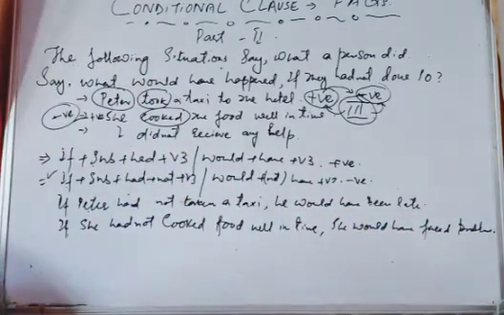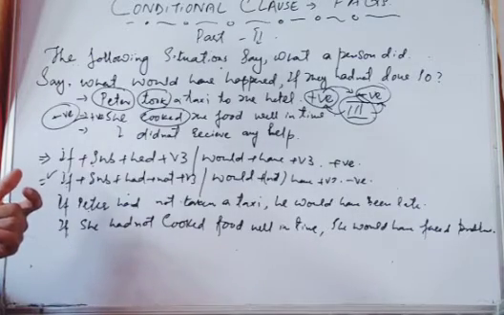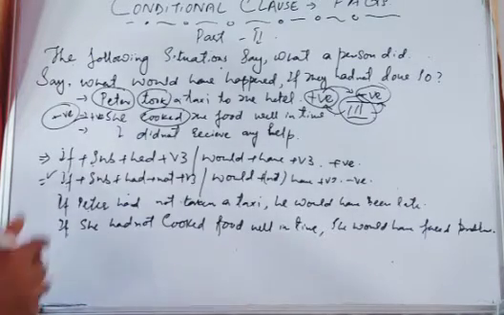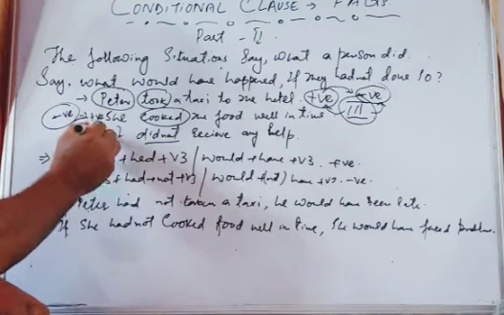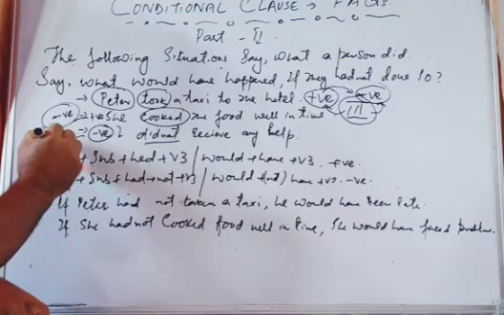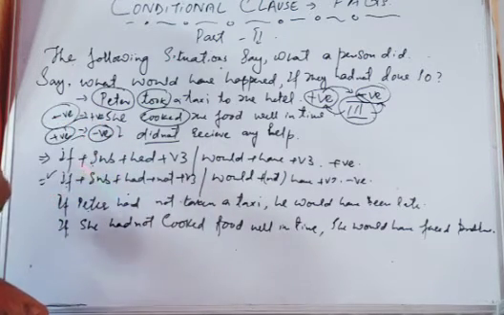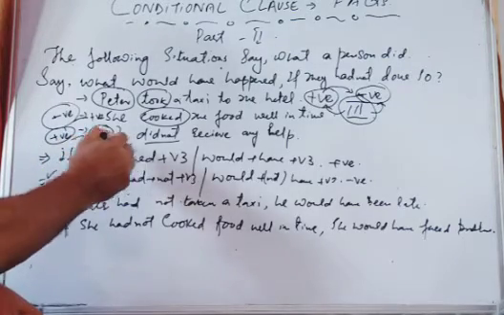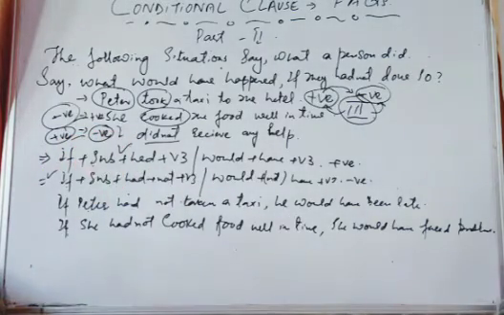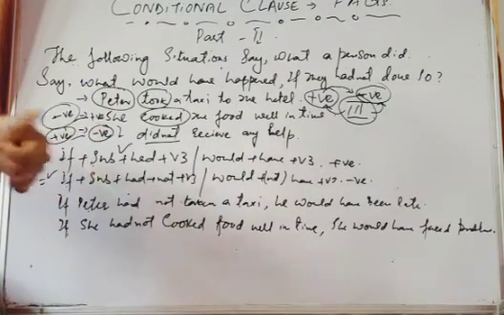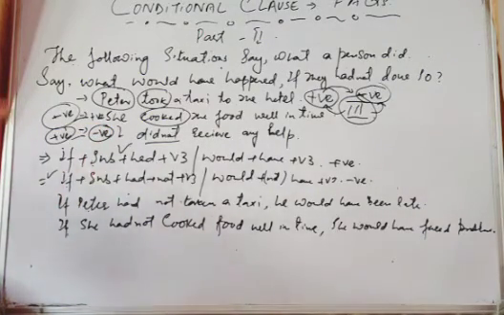Okay, in the next situation, the third one is a different situation. Why? Because it is negative. What we have to do, we have to make it positive. So we will apply this type of formula here. I didn't receive any help. This is a negative sense. If we have to reverse it, the subject is I. I'm saying that I didn't receive any help.